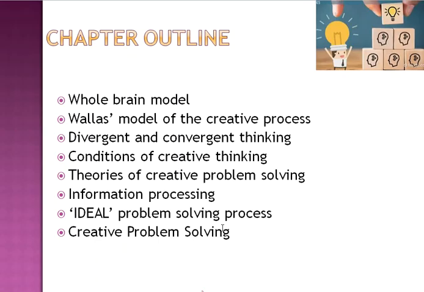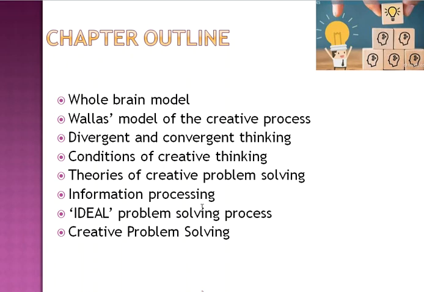Let's see the main outline of the chapter. The whole brain model of Roger Sperry, of course, the famous one, and the Herman model, and the Wallace model for four processes of creativity, the difference between divergent and convergent thinking, and some theories of creative problem solving and conditions of creative thinking.